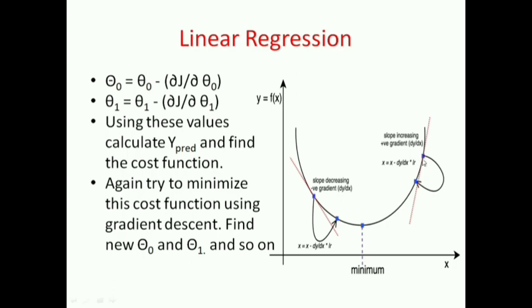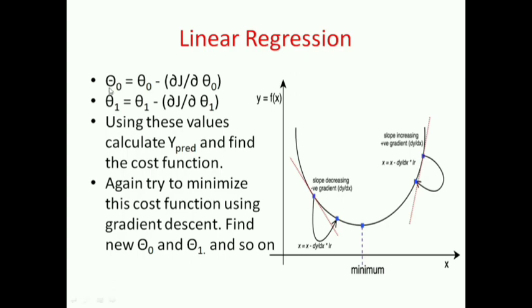If you find the partial differentiation at this point, that means you calculate the gradient at this point, that is actually equal to the slope of this curve at this point. That slope comes to be positive. But if the initial guess of theta naught was on the left side, the slope would have been negative.